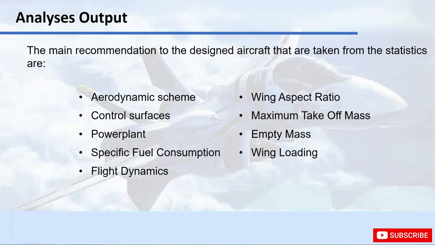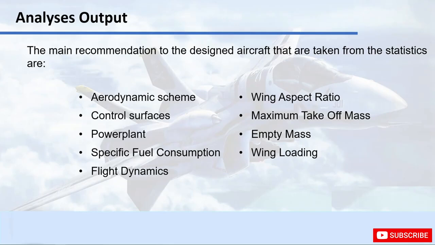So the specific components that you need to pay special attention to when investigating your statistical analysis are the aerodynamic scheme of the aircraft, the control surfaces, the power plant, the specific fuel consumption, the flight dynamics, the wing aspect ratio, the maximum takeoff mass, the empty mass, and the wing loading.